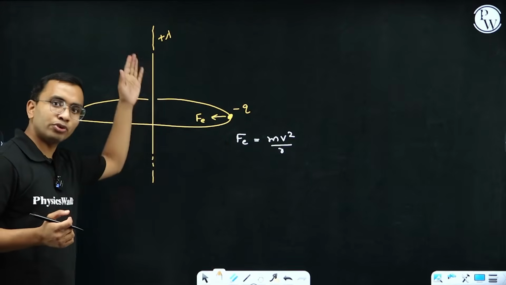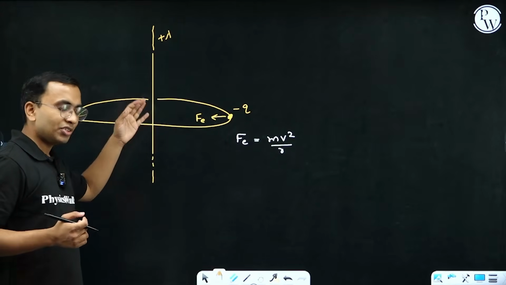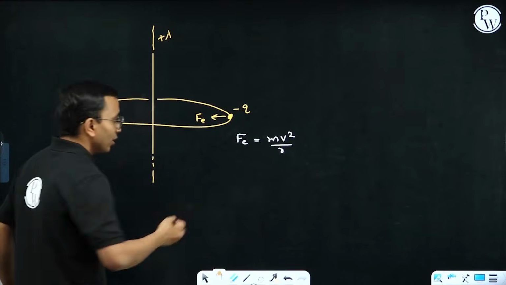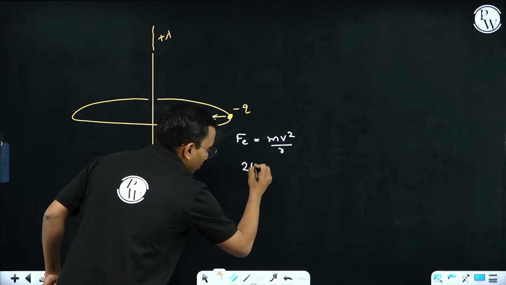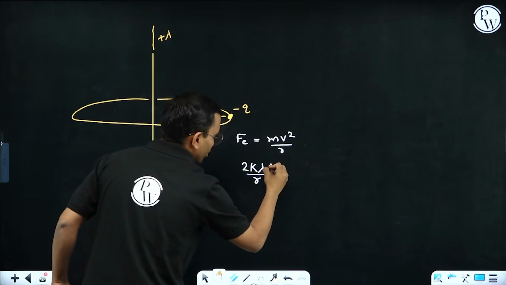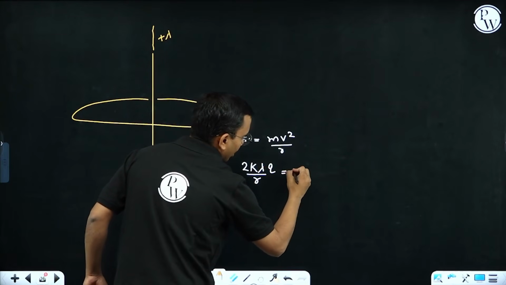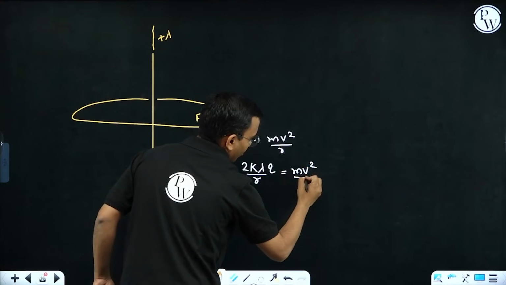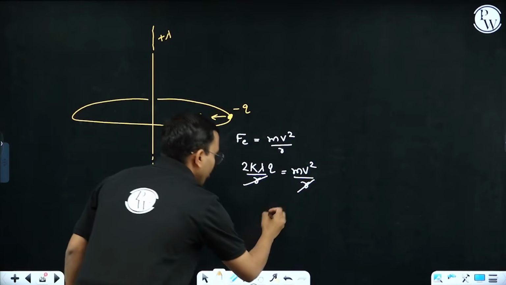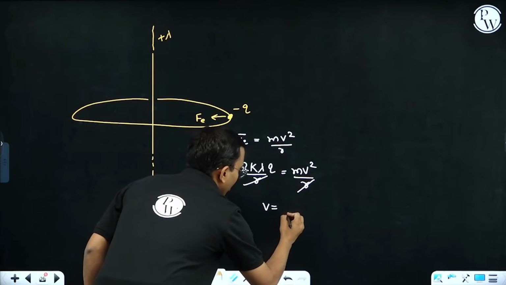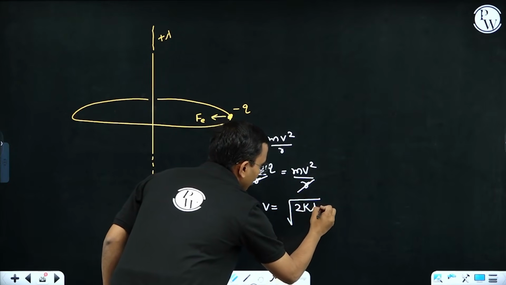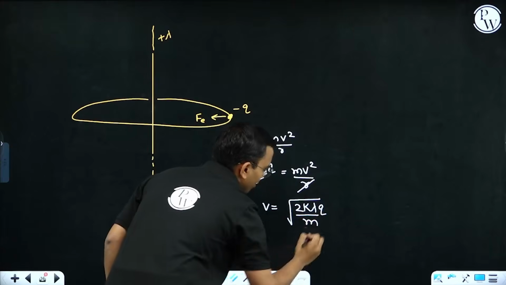What is the electric field due to a long infinite, uniformly charged wire? 2k lambda by r. So 2k lambda by r into the charge q is equal to mv square by r. r is getting cancelled. The velocity I got from here is root of 2k lambda q by m.